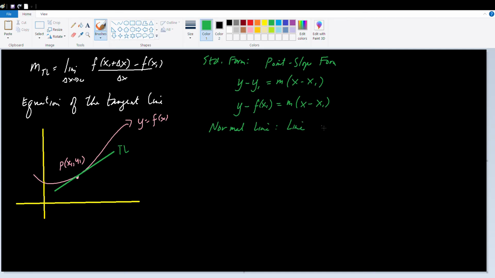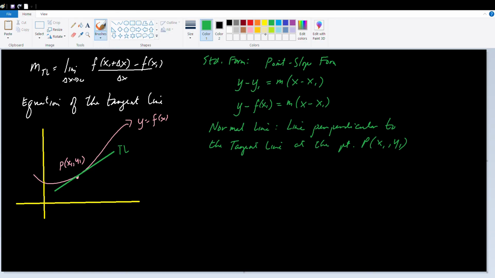The normal line is the line perpendicular to the tangent line at the point P, x1, y1.